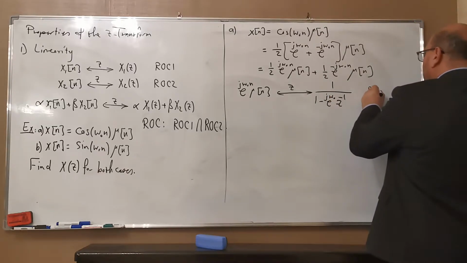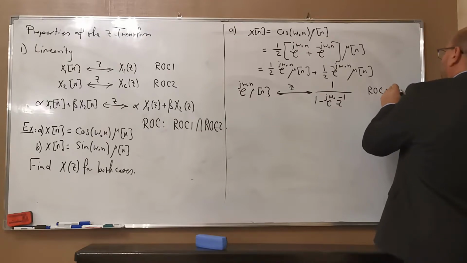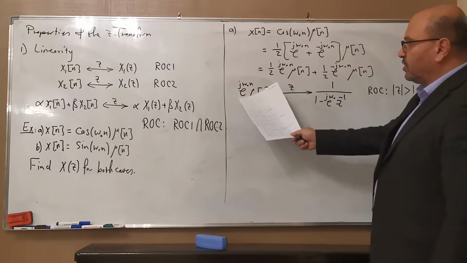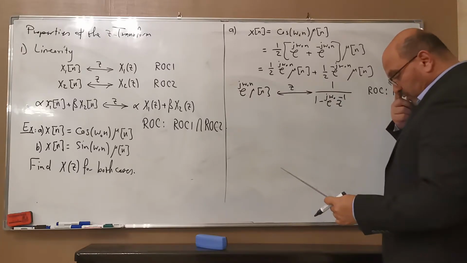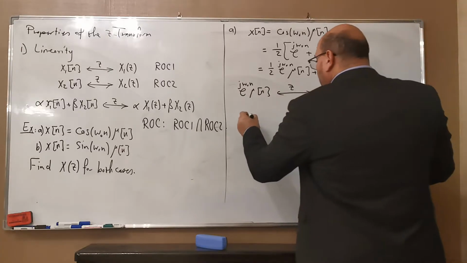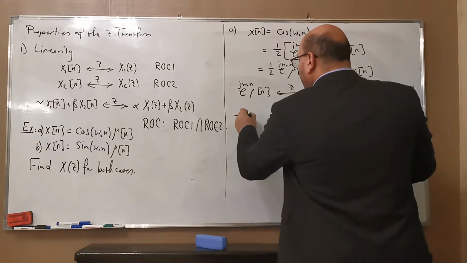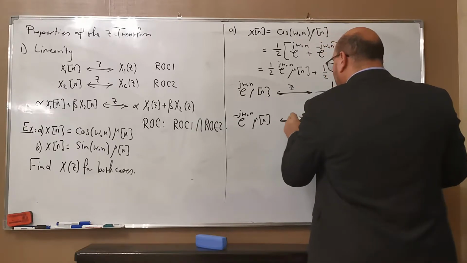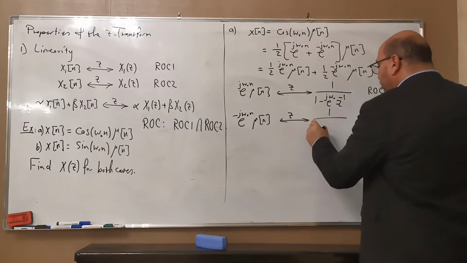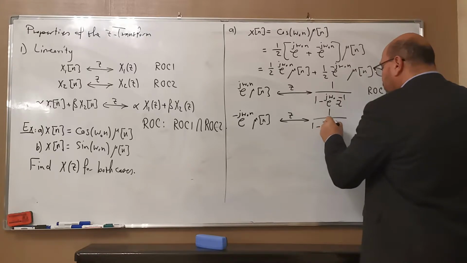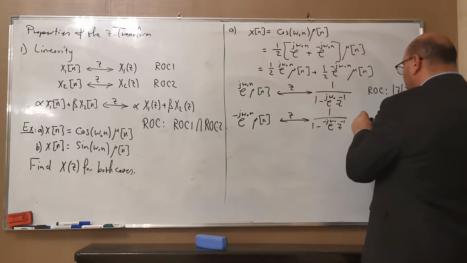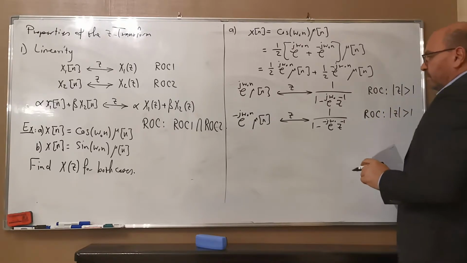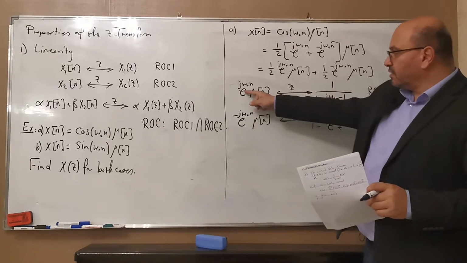And ROC is magnitude of z greater than 1, because e to the j omega 0 magnitude is equal to 1. Also, e to the minus j omega 0 n mu of n has the Z transform 1/(1 minus e to the minus j omega 0 z inverse), and the ROC also is magnitude of z greater than 1, because the magnitude of this one and this one are the same.